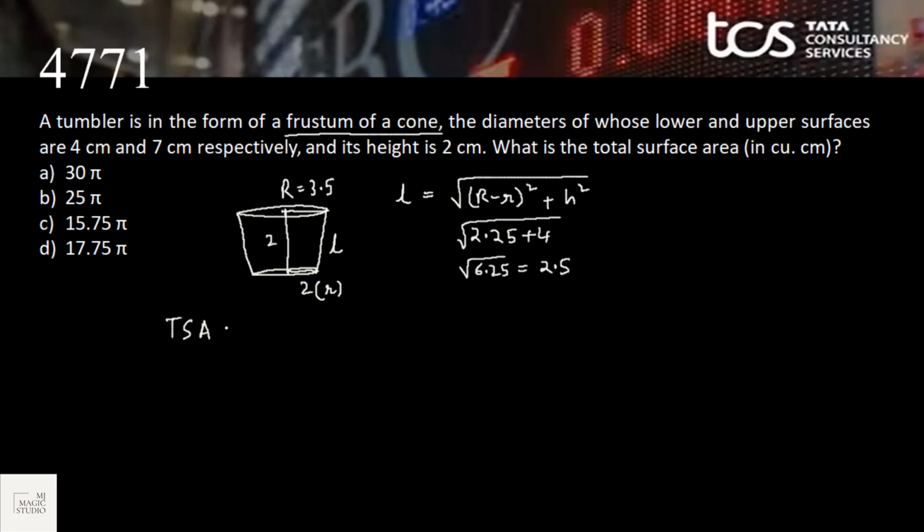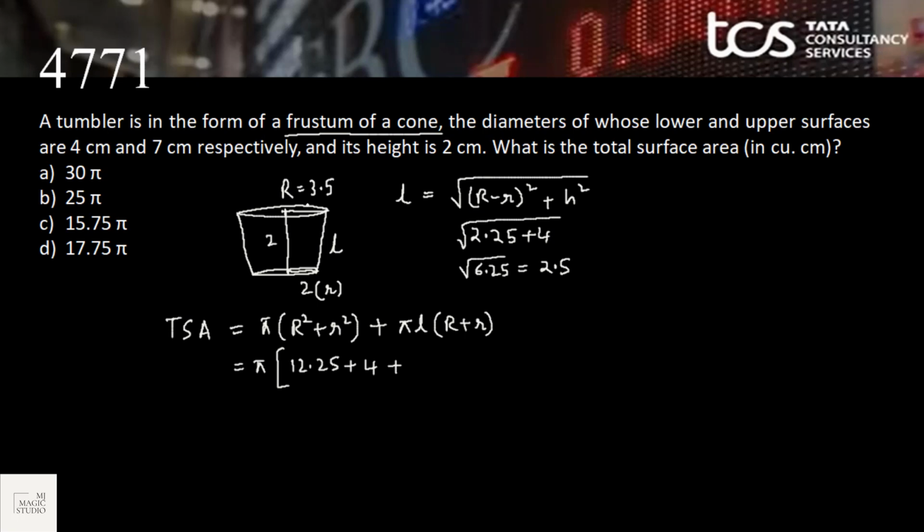Total surface area of a frustum is given by pi into (capital R square plus small r square) plus pi L into (R plus small r). We can see that all the options are given in pi. Let's take this common. R square, 3.5 into 3.5, is 12.25. Small r square, 2 square, is 4.